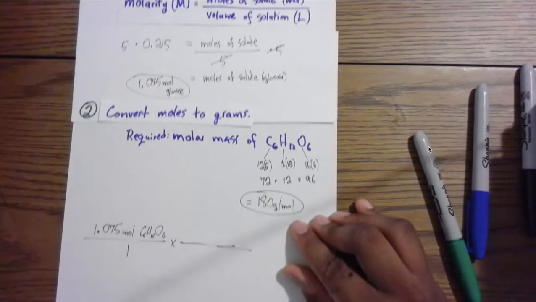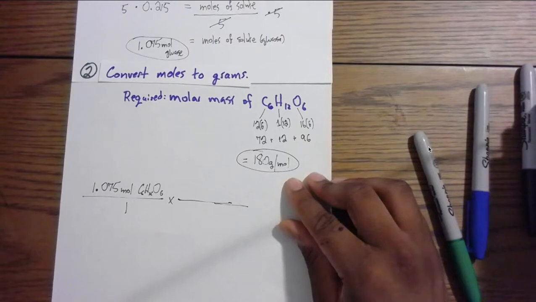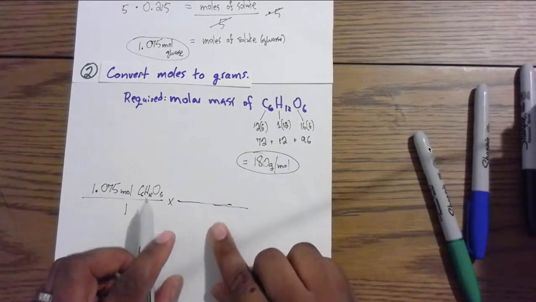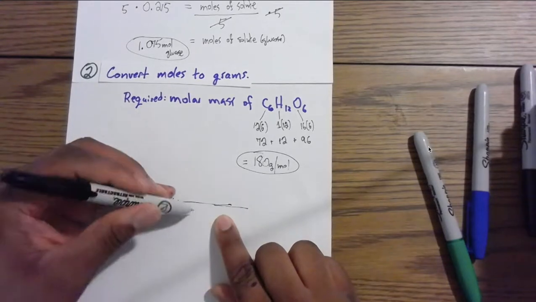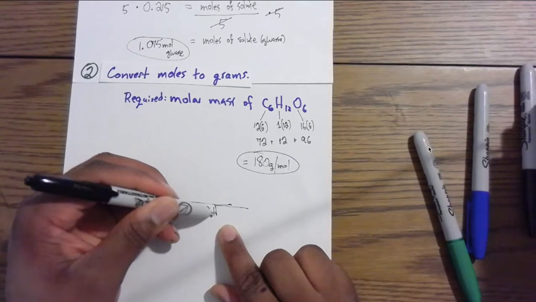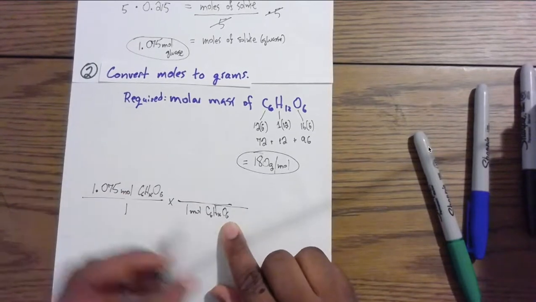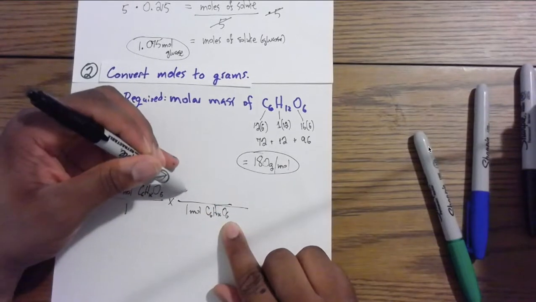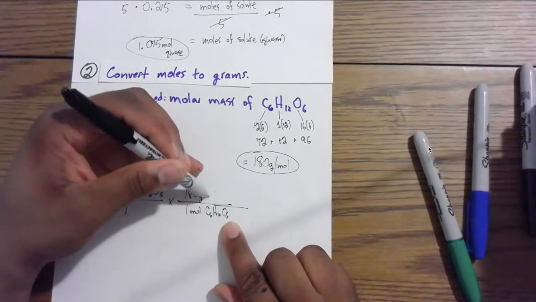We want to cancel out the moles, so I'm going to put moles on the bottom: 1 mole of glucose, C6H12O6, is equivalent to 180 grams of glucose.